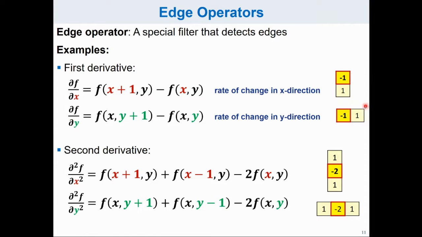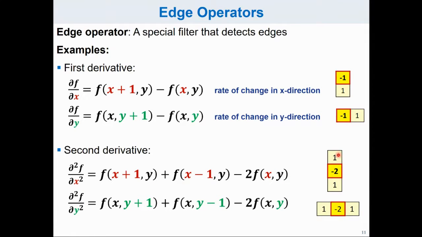And then again, if this is the pixel of interest, then we can apply a mask where we have 1 at f of x and y plus 1 and -1 at f of x and y. The second derivative can be looked at using f of x plus 1 plus f of x minus 1 minus 2 times the current pixel.